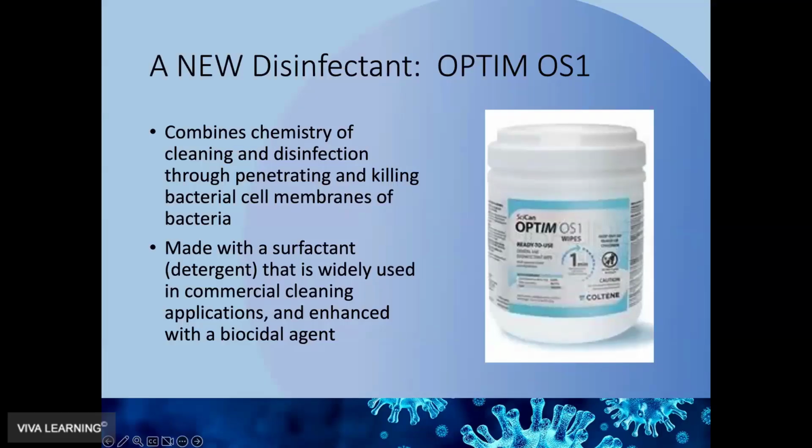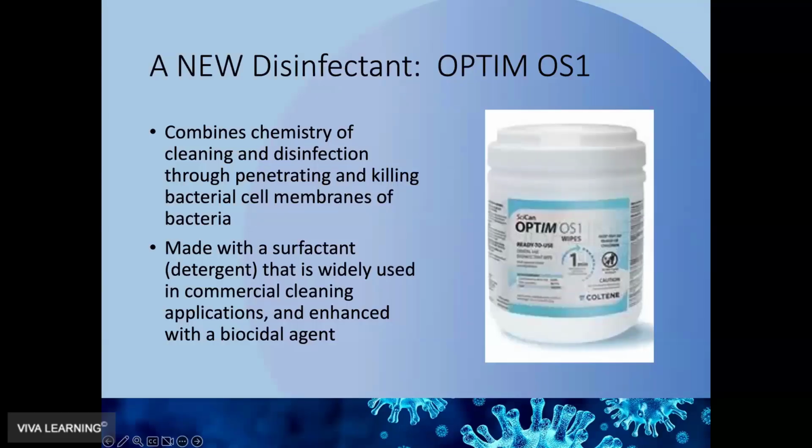A surfactant's job is to loosen up the debris on a surface so that it cleans off, rinses off, wipes off much easier. When you use soap and water at home or in the shower, the soaps that you use on your human body are surfactants. They loosen up any type of debris on your skin so it can simply be washed off in the shower. The same is true with your disinfectants and the detergent component.